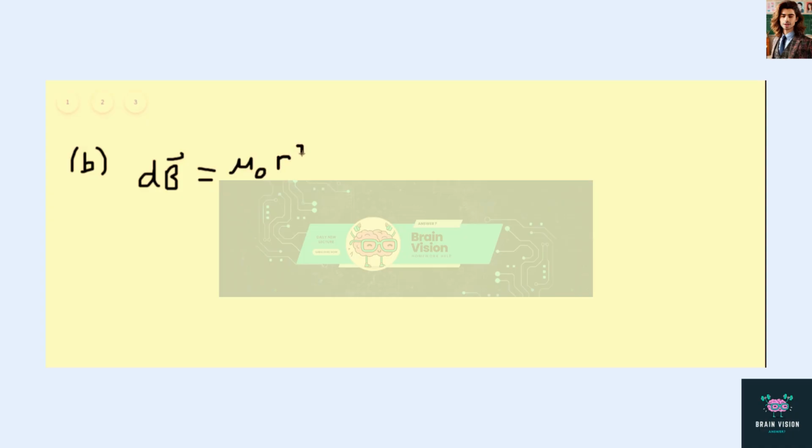And here, the change in the magnetic field, dB, is equal to mu naught times the distance little r squared divided by 2 times r squared plus the distance we are from the center, x squared. This all gets raised to the 3/2.